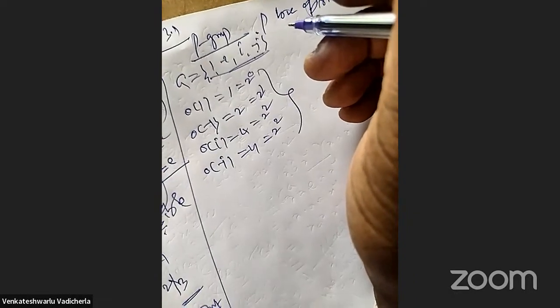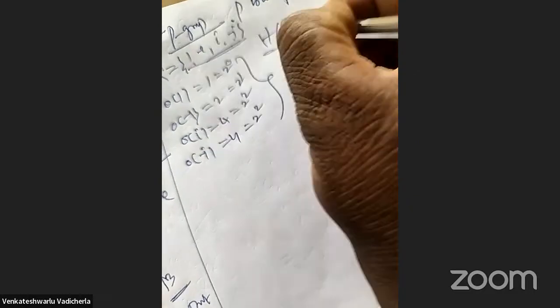Okay, P-subgroup. Let p be a prime number. A subgroup H of a group G is said to be a P-subgroup if the order of every element in H is some power of the prime.